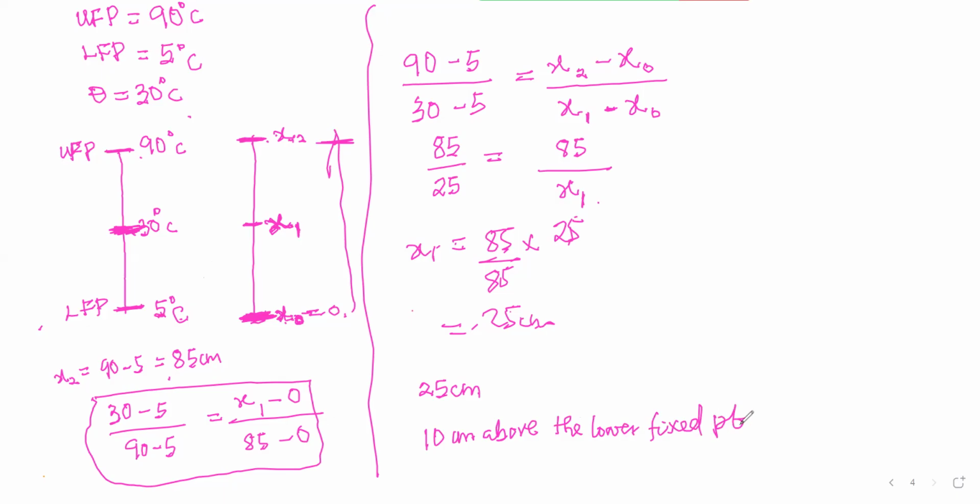The distance between the upper fixed point and the lower fixed point of a thermometer is 25 centimeter. What temperature in degrees Celsius is recorded when the mercury thread is 10 centimeter above the lower fixed point, or the ice point?